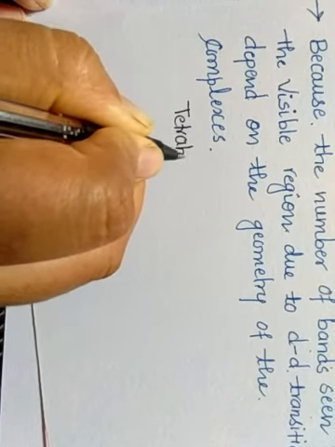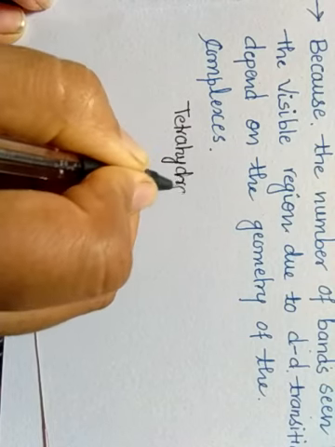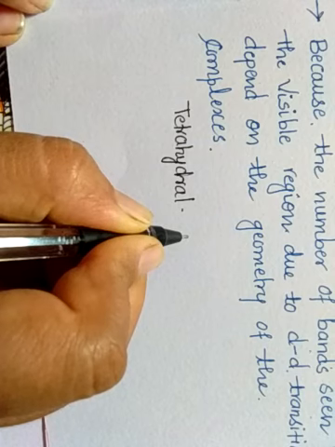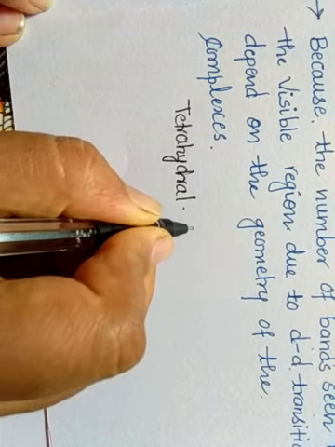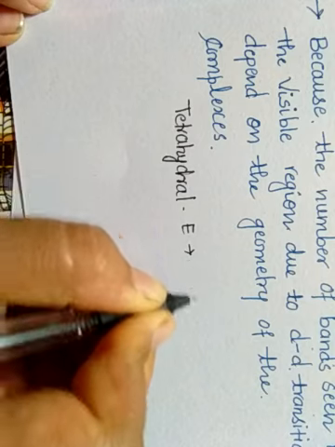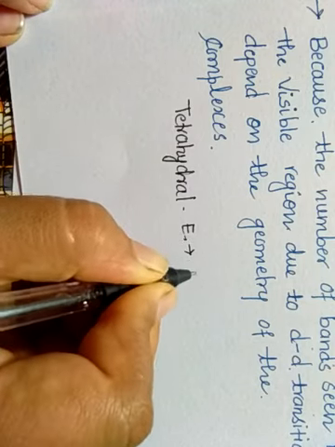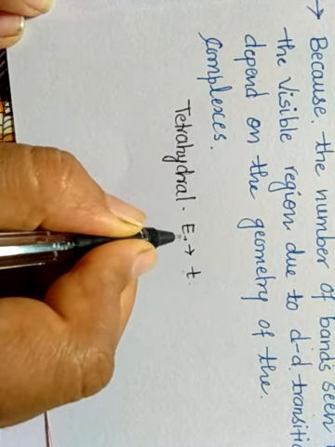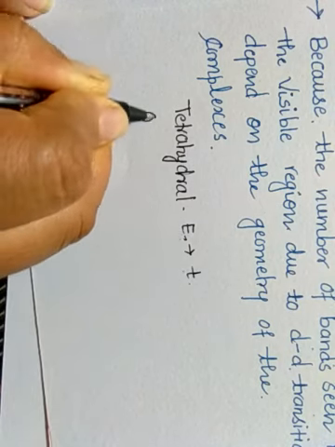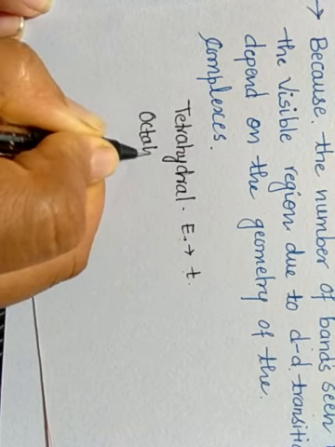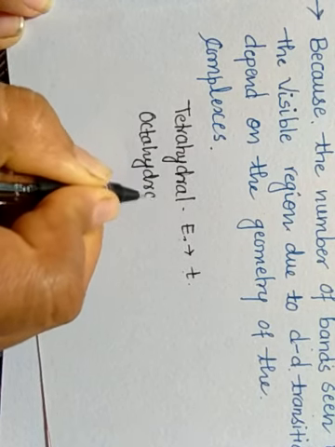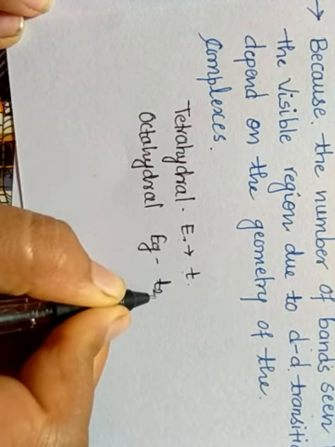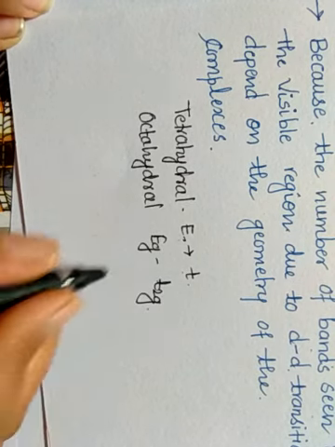In tetrahedral complexes, the d orbitals split into E and T2, and in octahedral complexes, they split into Eg and T2g, isn't it?